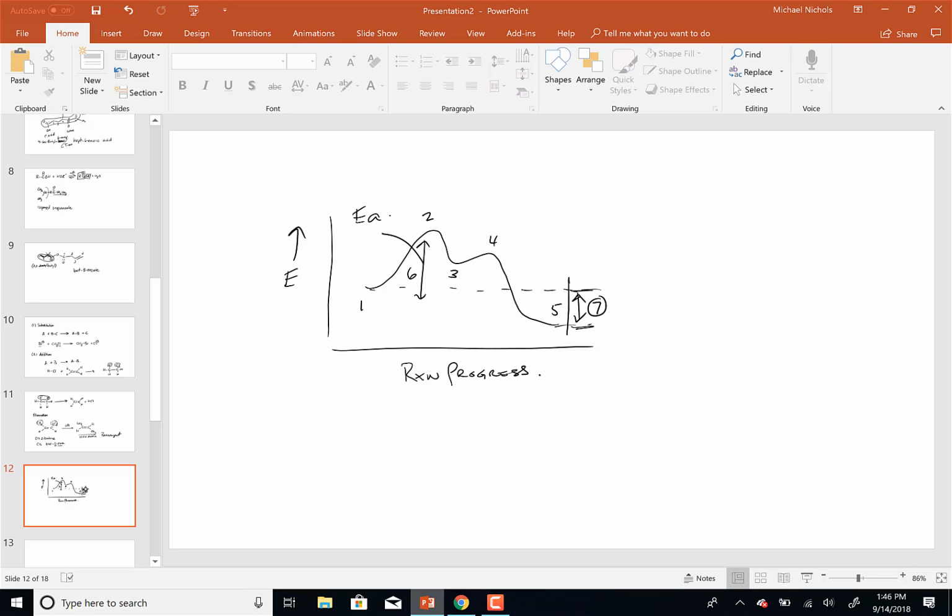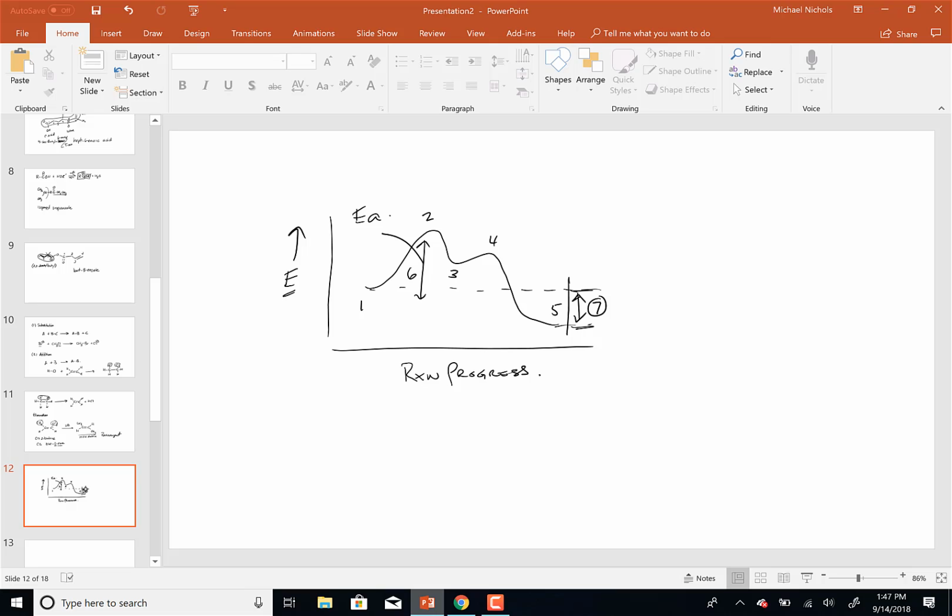Okay. Next. Nope, only one answer. One answer per diagram. Close. 7 is the change in not free energy, but because this is energy, this reaction could be either exothermic or endothermic.